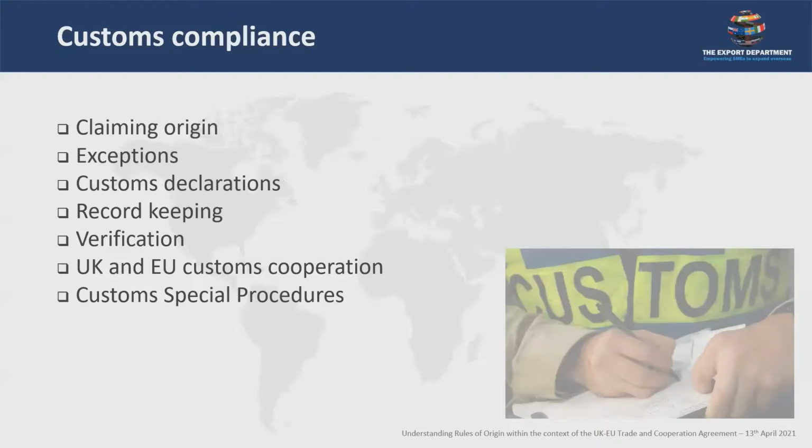Okay. So in terms of making sure that you are compliant moving forward under the Trade and Cooperation Agreement, and there's no nasty surprises from HMRC or anybody else, when you're claiming origin, as an exporter, you make that statement on origin.